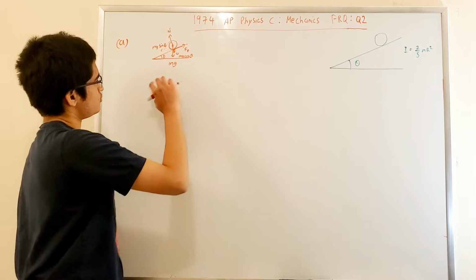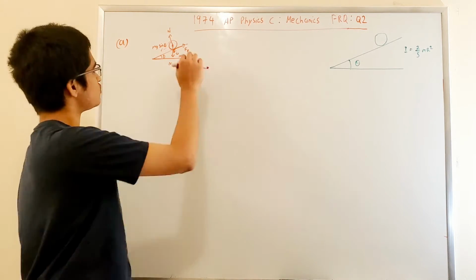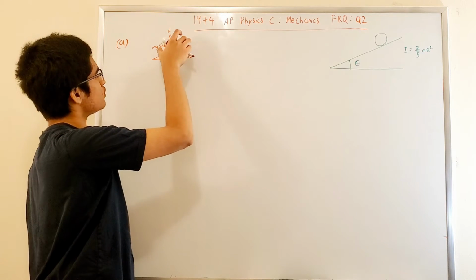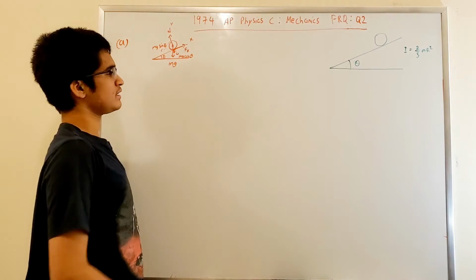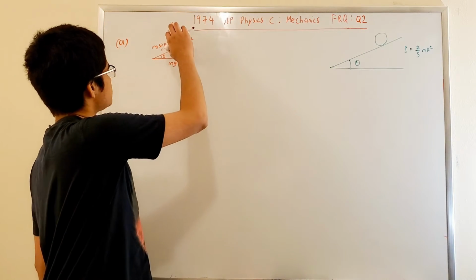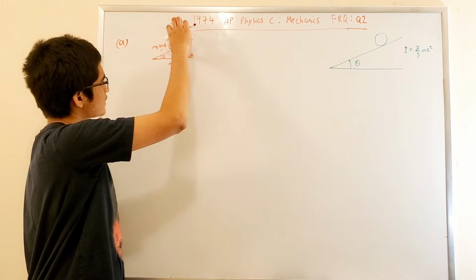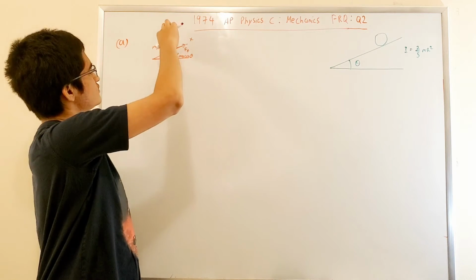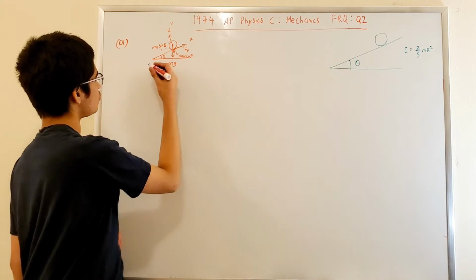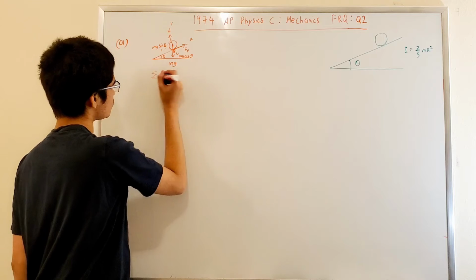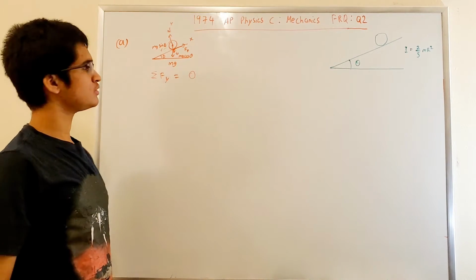So we can first write our translational equations. This is going to be the x direction, this is the y direction. Let us now look at the forces acting along both the y and the x directions. Along the y direction, our object is not going to be accelerating anywhere, so the sum of all forces in the y direction has to equal 0.